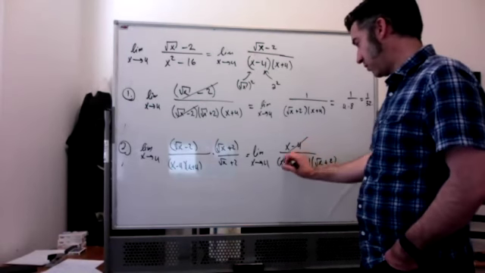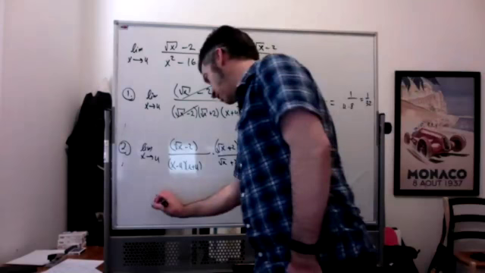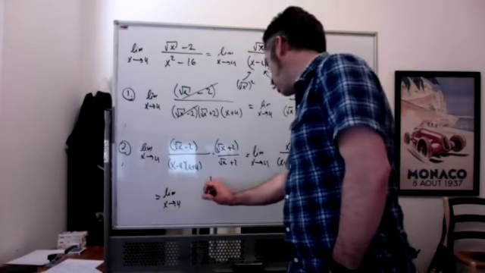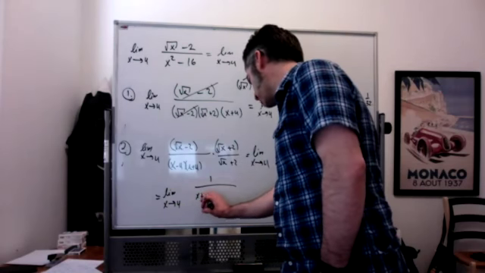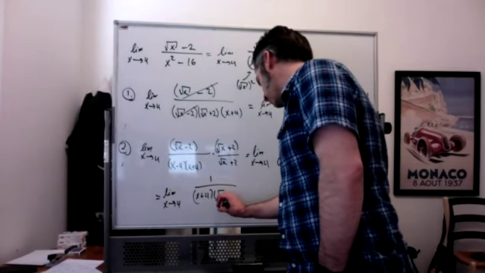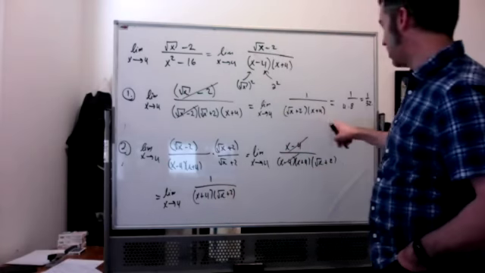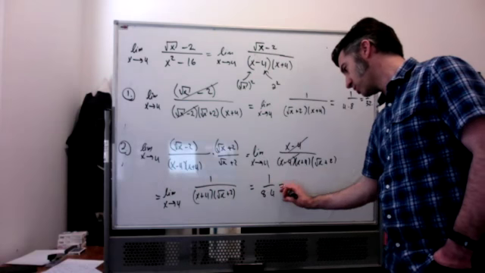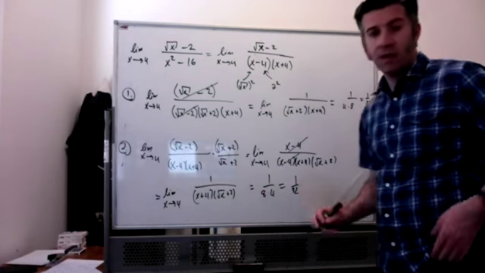And then the x minus 4 is canceled, and you get the limit as x approaches 4 of 1 over x plus 4 times the square root of x plus 2. And then we're back where we got to here, where it's going to be 1 over 8 times 4, which is 1 over 32. Either way works.